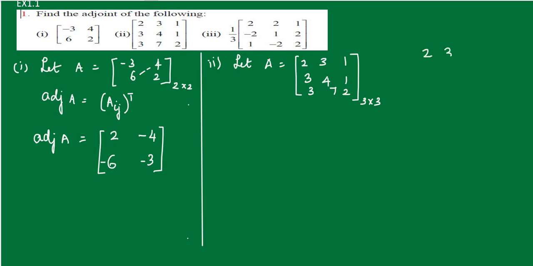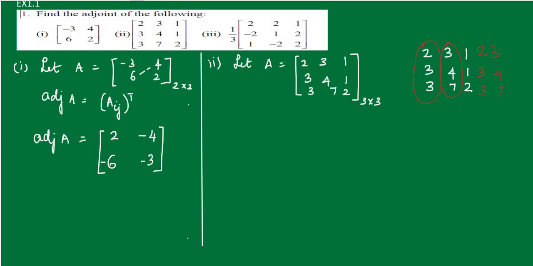To find the shortcut, we rewrite the first 2 columns as it is. So, 2, 3, 3, 3, 4, 7.